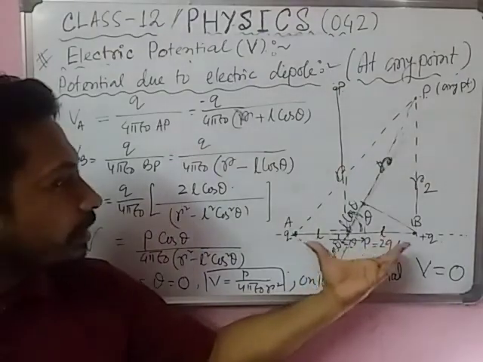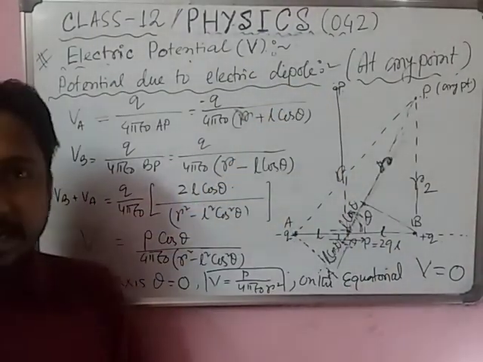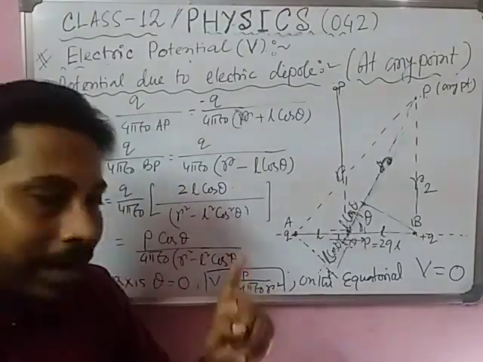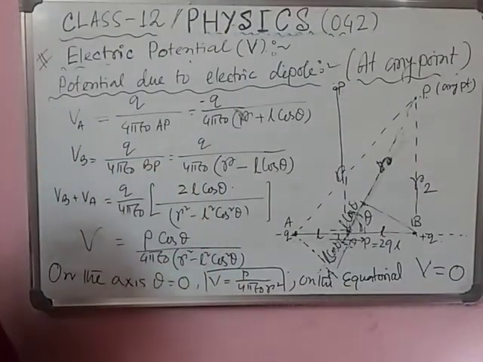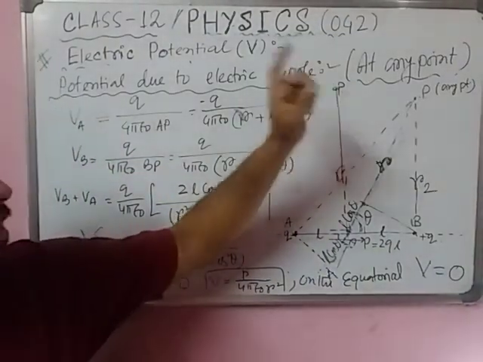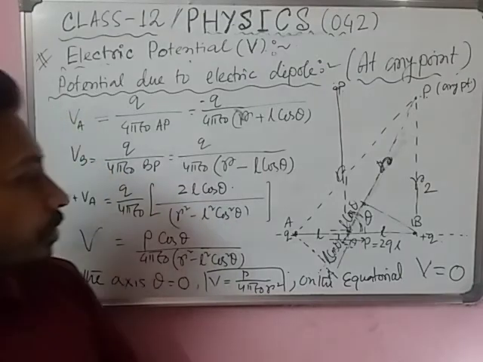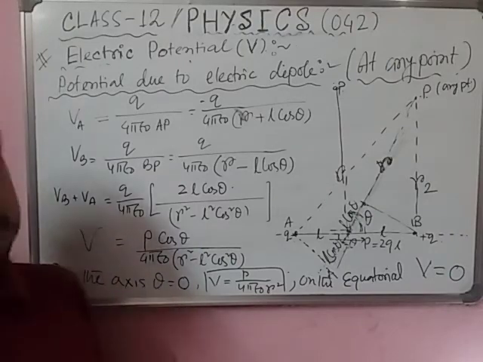For a dipole at the equatorial plane, the electric field is present, you know the formula, P by 4 pi epsilon naught R cube, but potential is 0. So on the equatorial plane, potential is 0 but electric field is present.